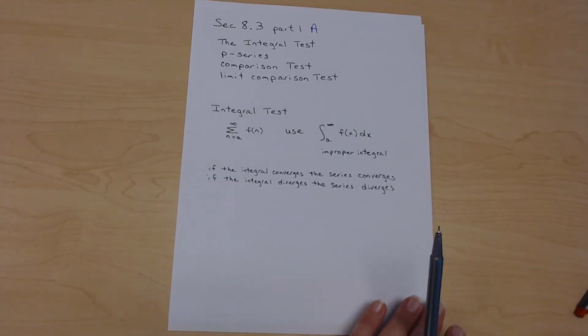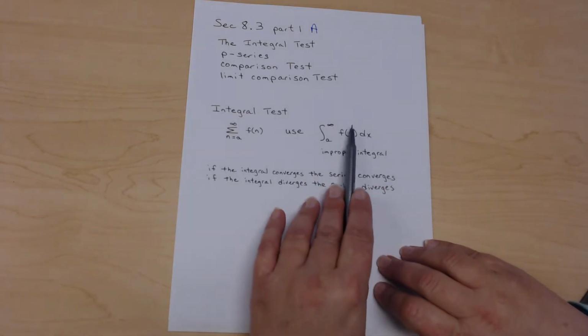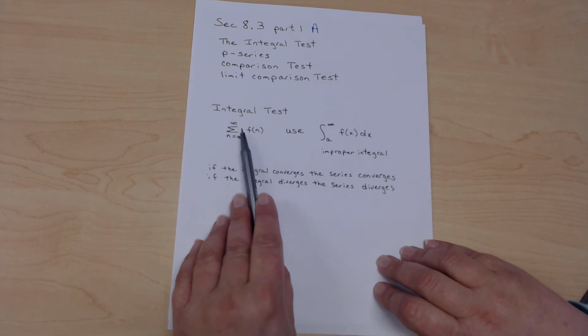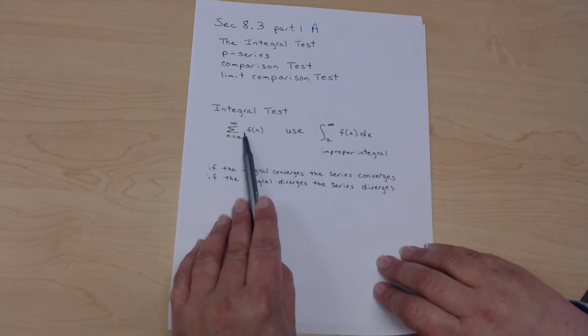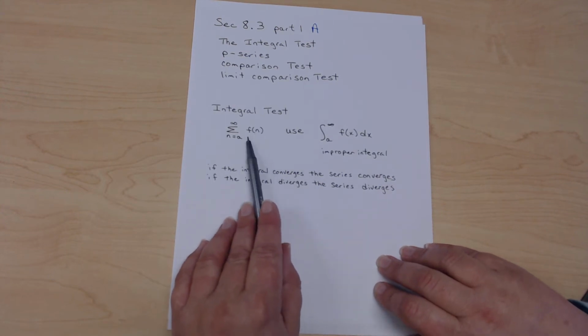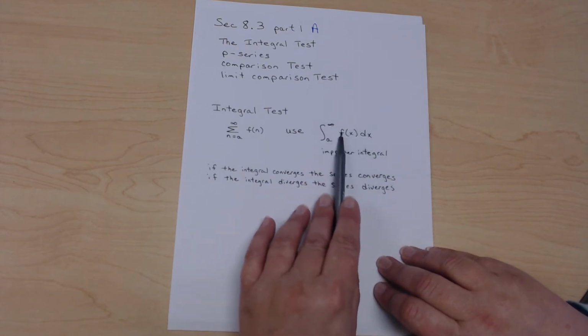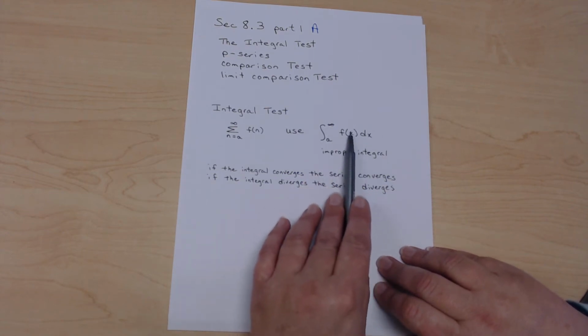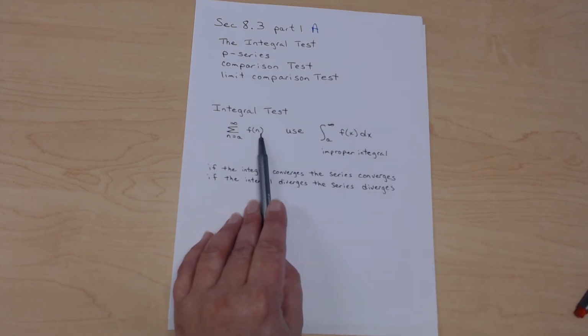Okay. Remember, the answer that I get for this integral is not what the series converges to. It just tells me that it does converge. This integral is going to give me the sum of areas and different things. The series is just going to be the sum of the numbers, but the integral will tell me if it converges or diverges.